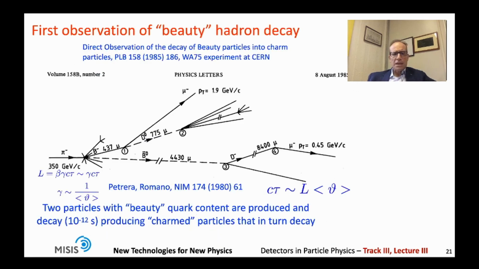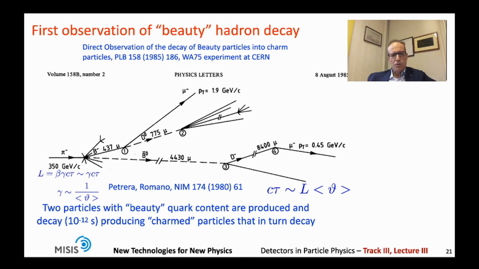Then in the 80s, in 1985, there was the direct observation of beauty hadron decays, which was done by the WA75 experiment at CERN, and this is the first event observed by Professor Romano. There's a pi minus interacting in the emulsion.